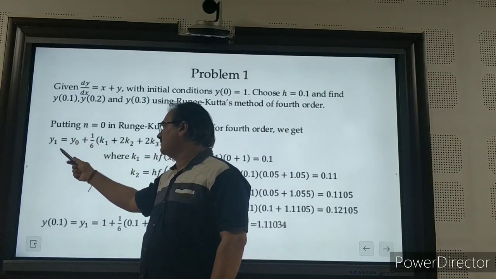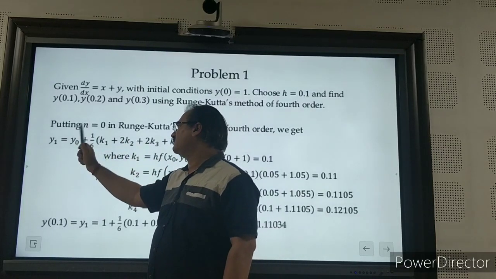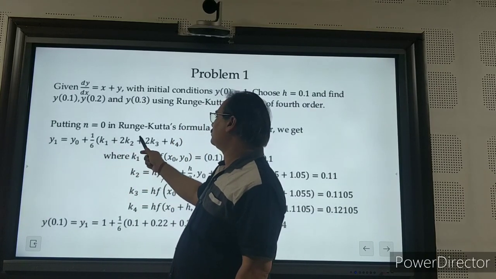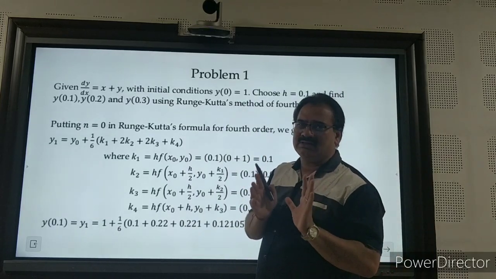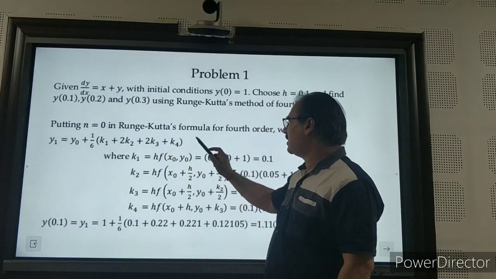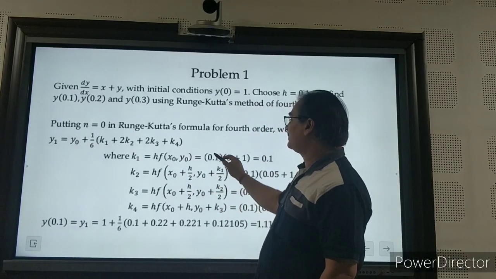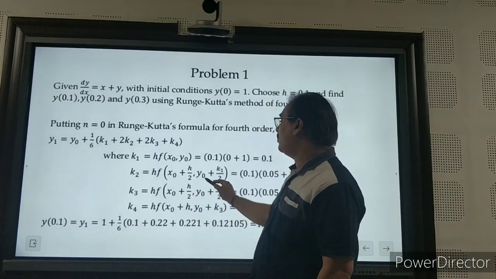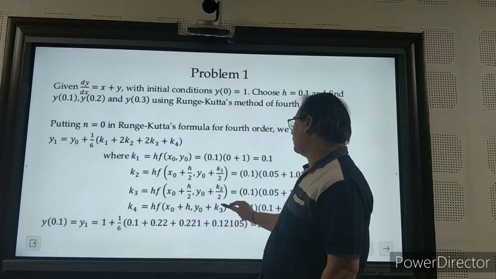So then of course this is the formula. If you look at this formula here, by putting n is equal to 0, the original formula is y n plus 1 is equal to y n plus 1 by 6, k1 plus 2k2 plus 2k3 plus k4. This is the Runge-Kutta fourth order method, where k1 is h f of x naught, y naught, and k2 is h f of x naught plus h by 2, y naught plus k1 by 2, k3 is h f of x naught plus h by 2, y naught plus k2 by 2, and k4 is h f of x naught plus h, comma y naught plus k3.